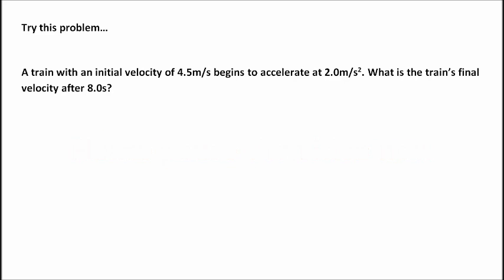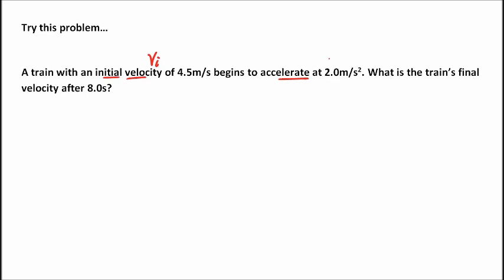All right, let's go ahead and solve this problem. The question says a train with an initial velocity of 4.5 meters per second. Obviously that is the initial velocity, so we can label that V sub I. Begins to accelerate at 2.0 meters per second squared. Now this says that it's an acceleration, but you also recognize that this is an acceleration because it says 2.0 meters per second squared, which is a unit of acceleration.